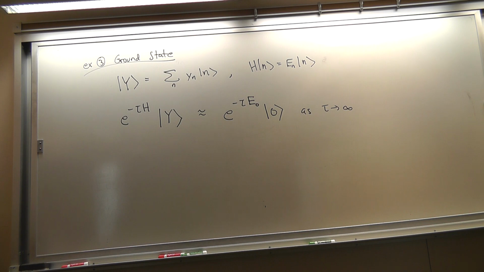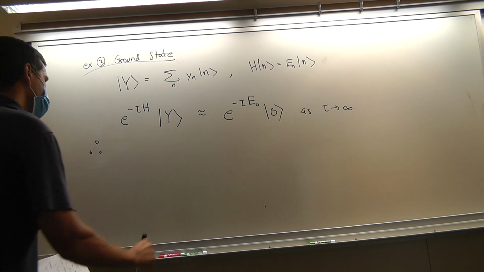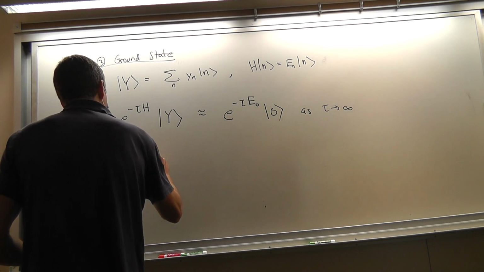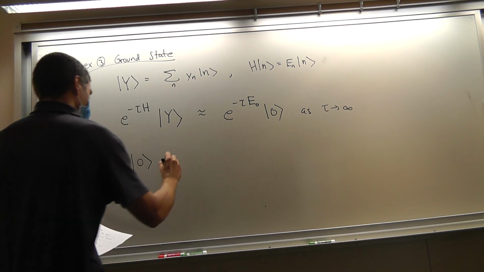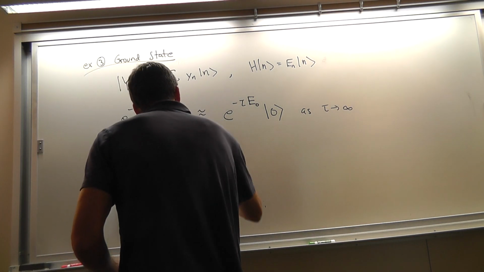That is, the lowest energy state is ultimately the only one that survives under a large amount of Euclidean evolution. So Euclidean evolution damps excitations. Therefore, the ground state, |0>, is equal to this path integral.